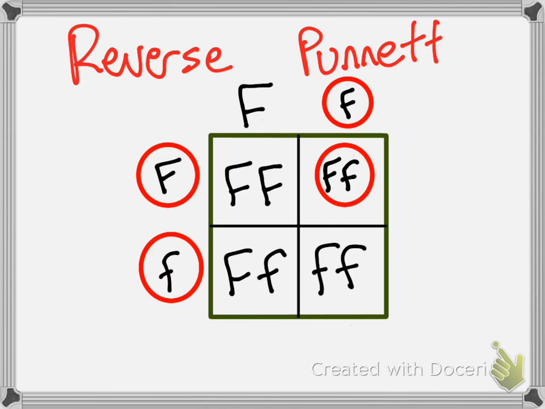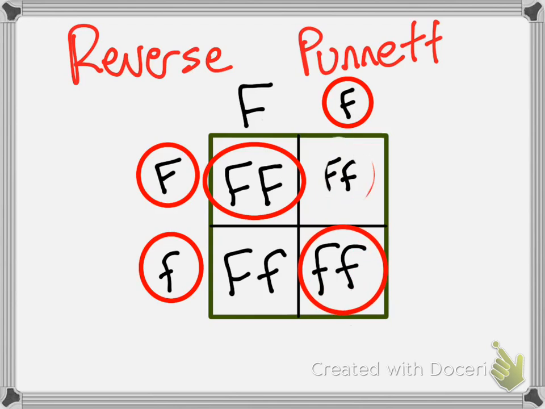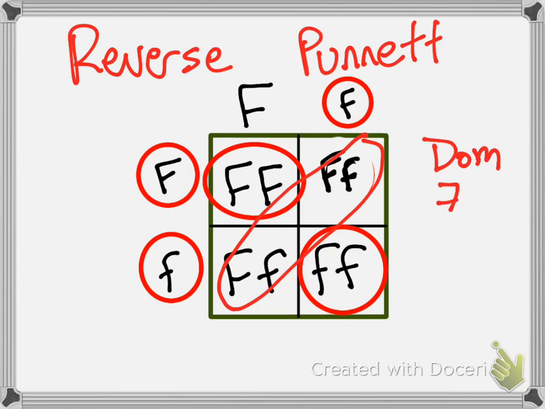We would then have 1 homozygous dominant, 1 homozygous recessive, and we would have 2 heterozygous hybrids. In this case, 3 of the 4 would show dominant traits, and only 1 would show the recessive.